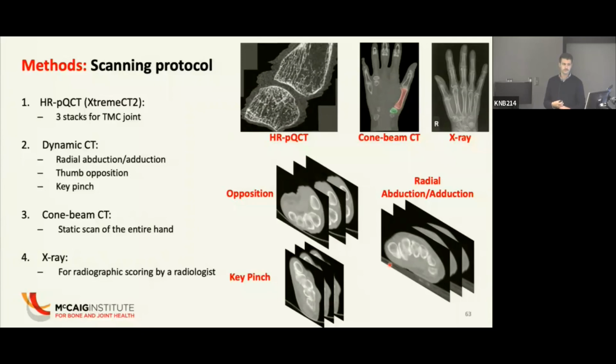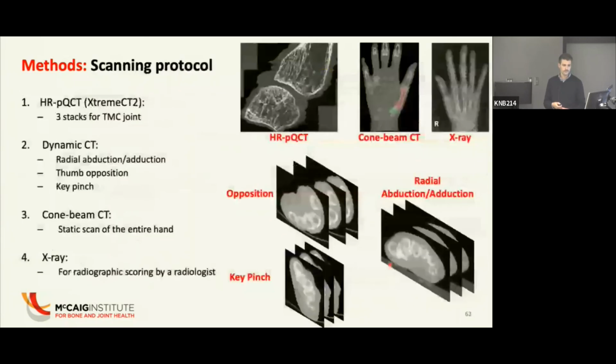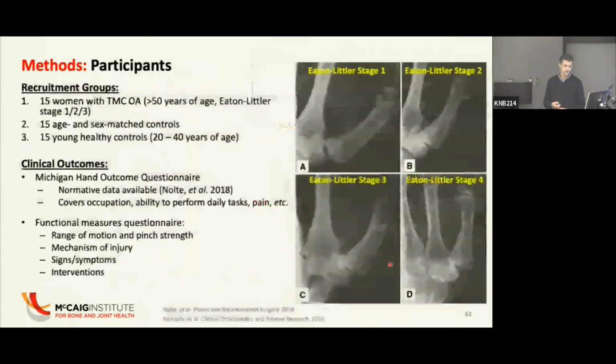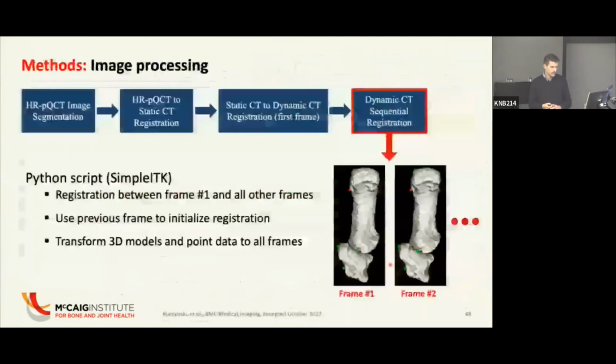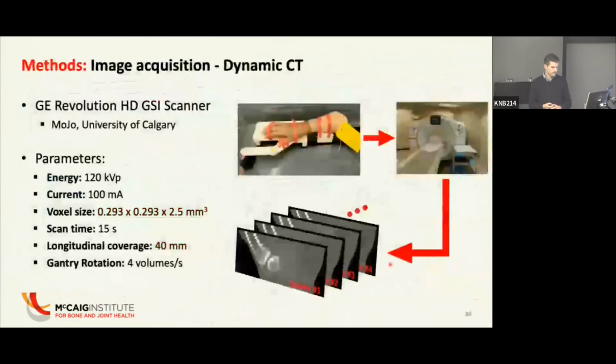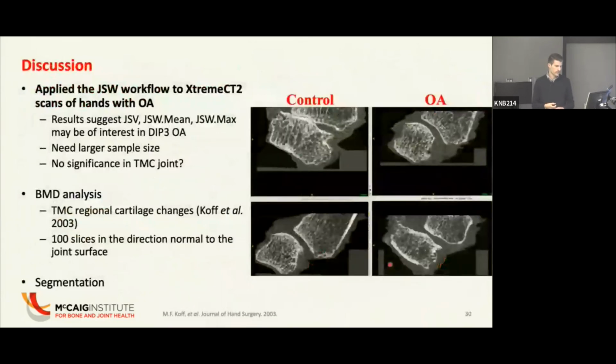I have some bone questions. One of them is, I know you didn't quantify it, but are you able to actually see sclerotic subchondral bone using the HR-pQCT, like in your first study where you compared controls to OA? There's a TMC joint there.